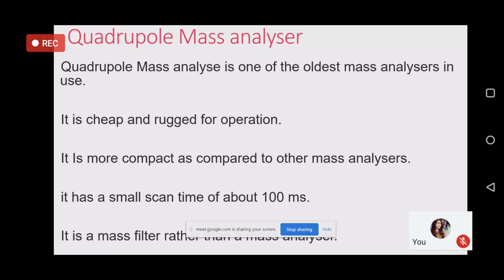On the other hand, when you take up the quadrupole mass analyzer, or the ion trap mass analyzer, their function is like a filter in an optical instrument. What does a filter do in an optical instrument?